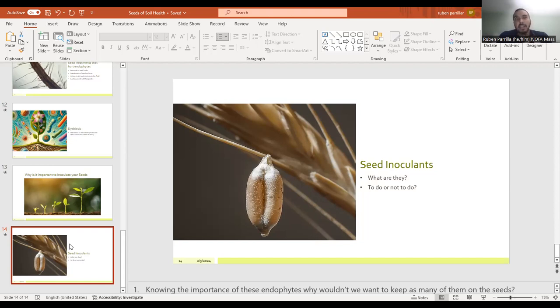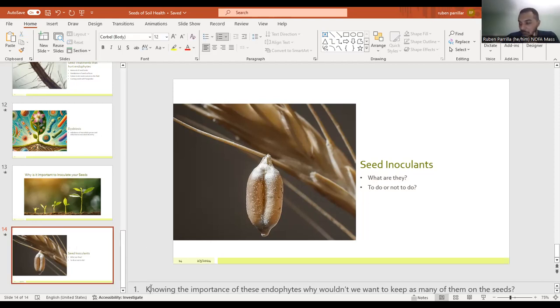Meaning, is it the microbe itself that we want to be inoculating the seed with, or is it just a cold water extract of, let's say, a Johnson-Su bioreactor, because it has all of these autoinducers, which are essentially hormone-like chemicals that all microbes use to sense their environment? So there's a debate between these two things: do I need to be putting on microbes, or do I need these autoinducers?